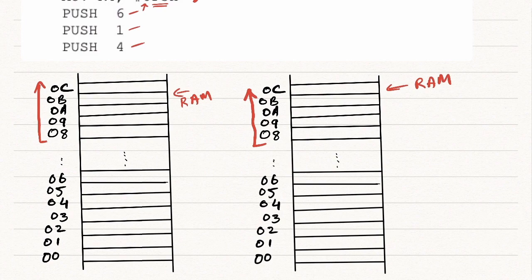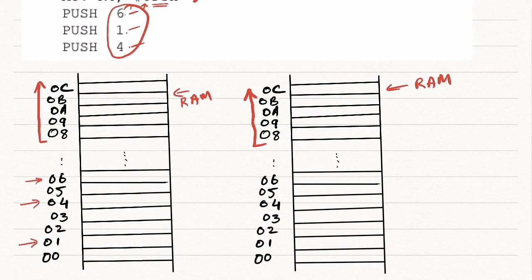And since we are pushing the content of 6, 1 and 4, I am just showing those locations here. 6 is there, 1 is there, and 4 is there. But please remember one thing, these 6, 1 and 4 are also the addresses of the registers in register bank 0.